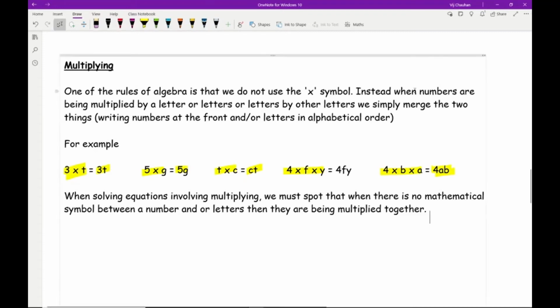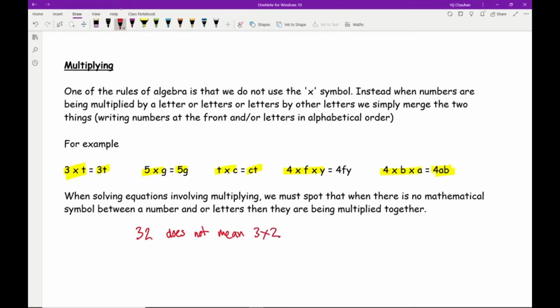Obviously this does not apply to numbers, so for example, if you had 3, 2, that does not mean 3 times 2, that would simply mean 32. So it's only when you're multiplying letters and numbers, or letters with letters, and you can't see any mathematical symbol in between them, that you can assume they are being multiplied.